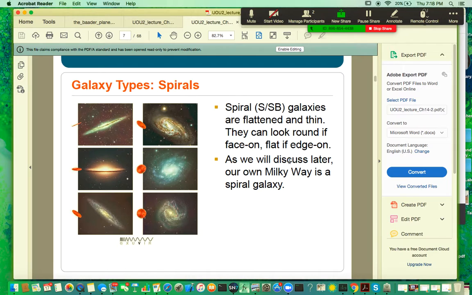So let's see the difference between those galaxies. Spiral galaxies first have spiral arms. The second important feature of spiral galaxies is that they have cold gas, with 1% of that cold gas being filled by dust.